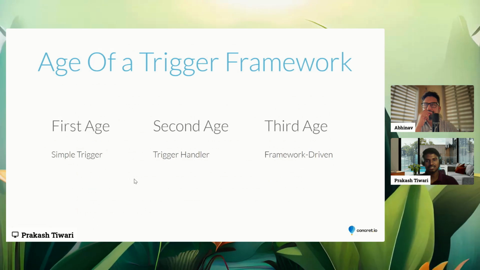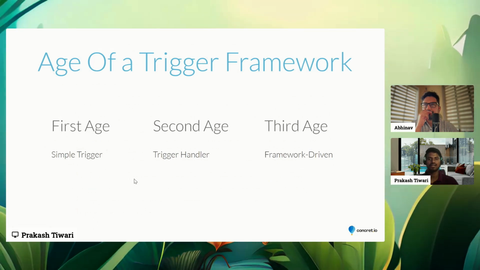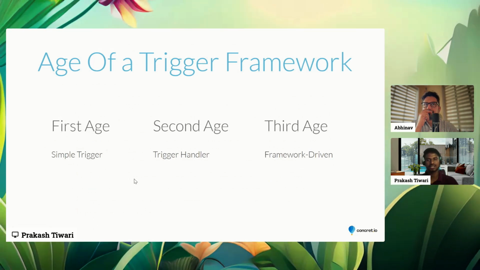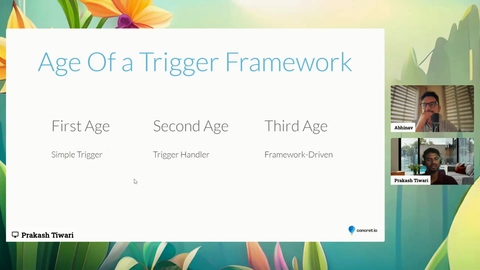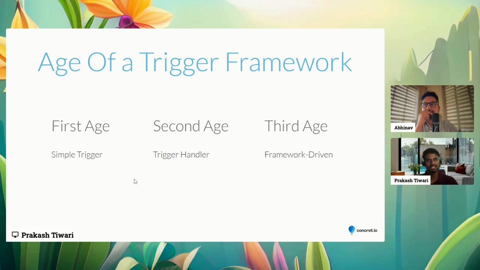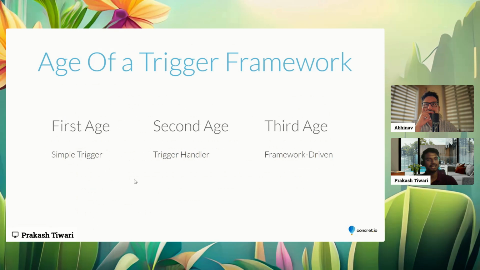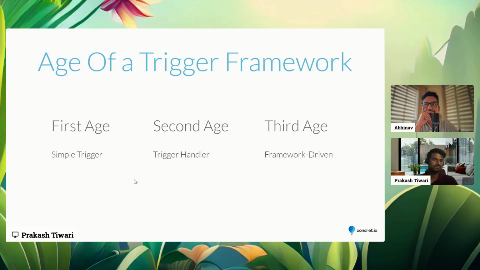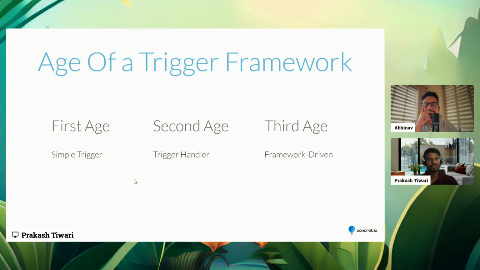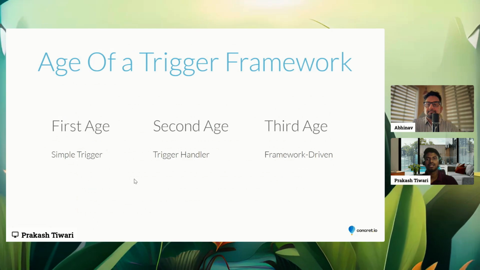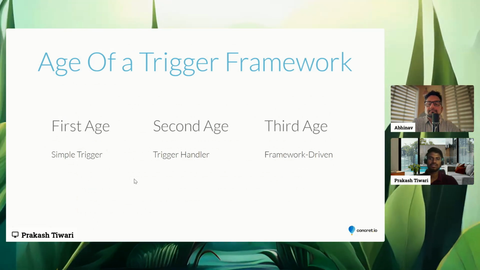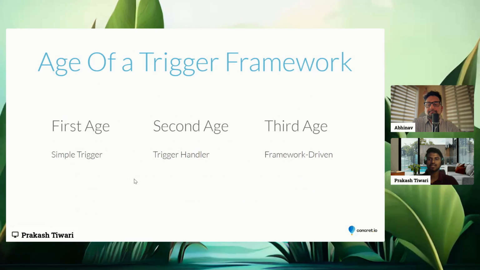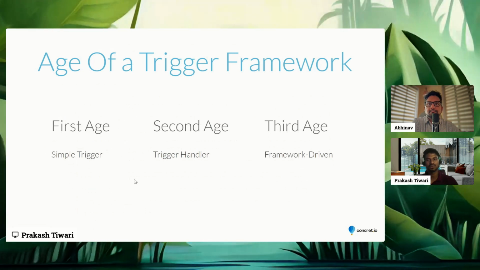The first is simply the trigger, when in the early days Salesforce introduced triggers and how developers wrote logic at that time. Then we come to the second age, the trigger handler, and the last, the third, is where we'll discuss the framework driven approach. Along with the discussion, we'll discuss the advantages and disadvantages of each age as well.